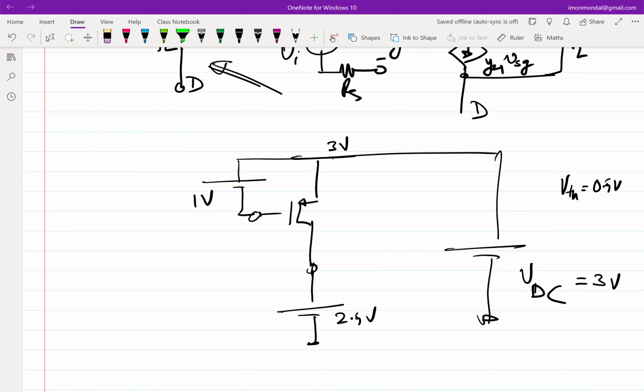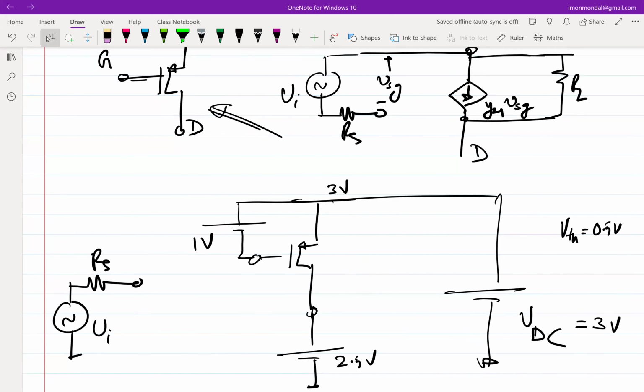Now we have to add the load and the source. So let's see how we can add the source first. So where can I add the source? Firstly, I have to add the source at the gate, right? Because here in the incremental model, we added it at the gate, or between the gate and the source, right?